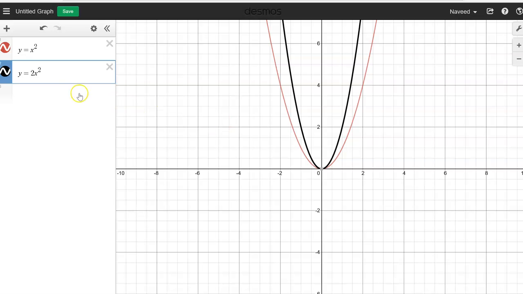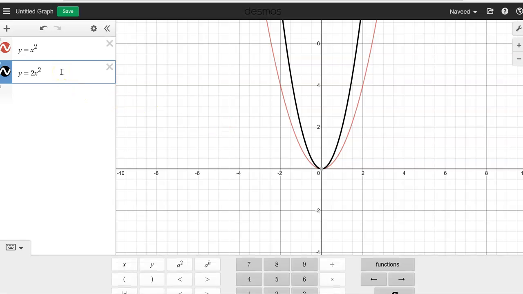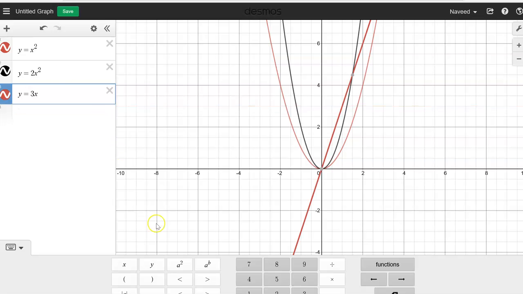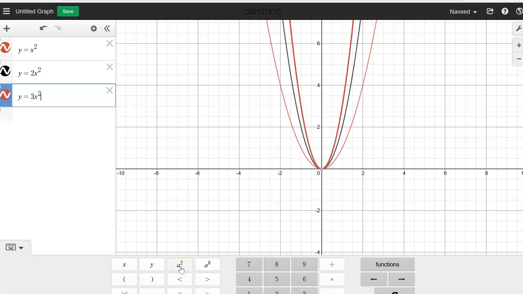Let's see what happens if we do y equals 3x squared. This is the bolded red graph.